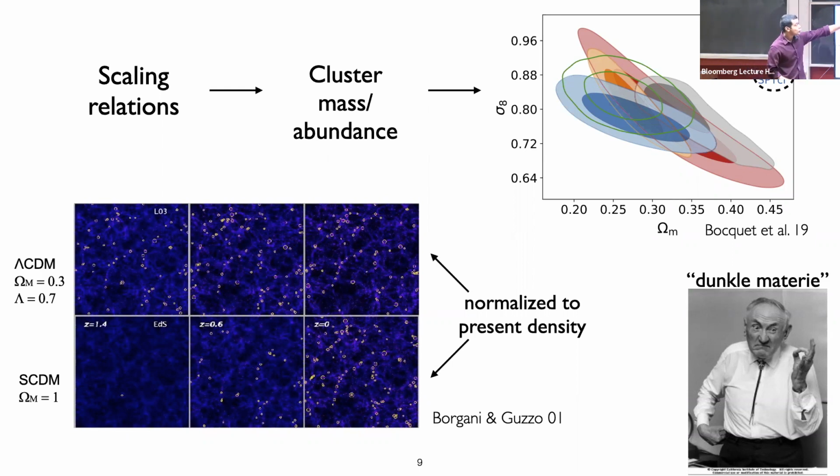Here I've shown two particular surveys. The green and the blue are the ones from clusters and the rest are from other observations. One interesting thing is that I think the first observational evidence of dark matter came from Fritz Zwicky, who was observing the Coma cluster.